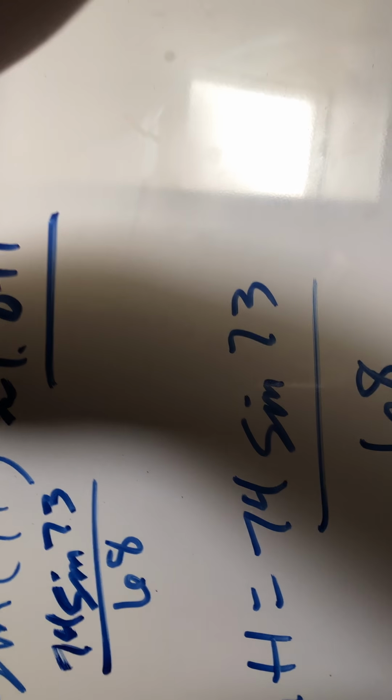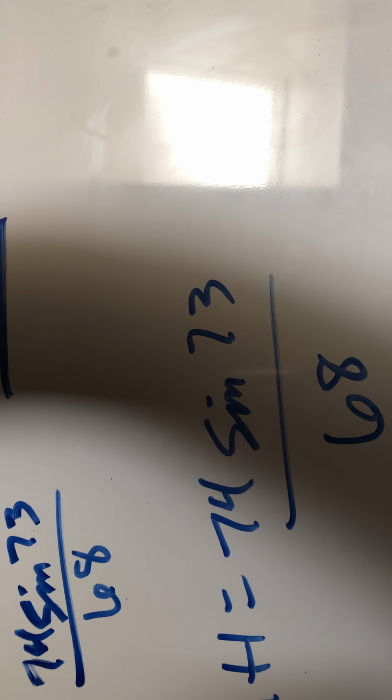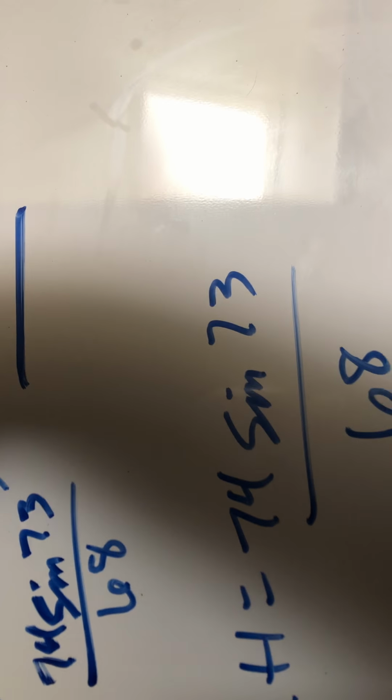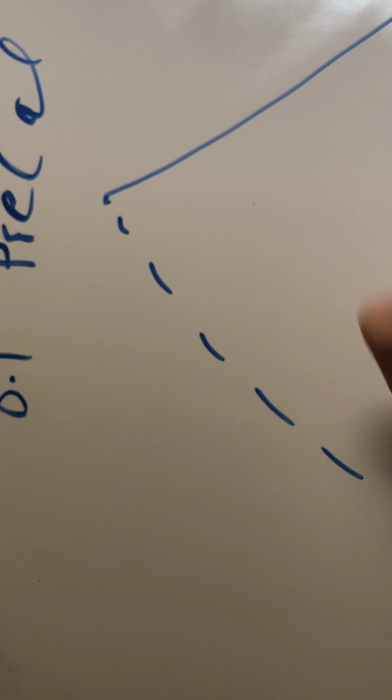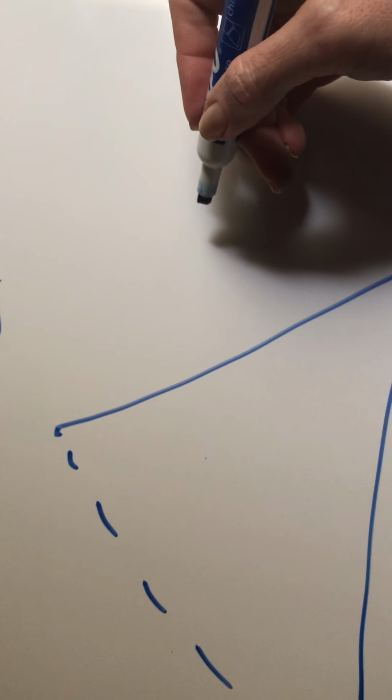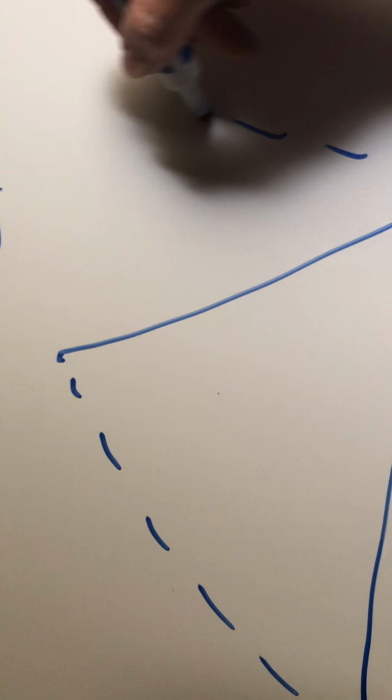Okay. Then another one that you're going to see. Again, the triangle is drawn for you. So let me draw it right quick. Let me put everything on here that they've got.